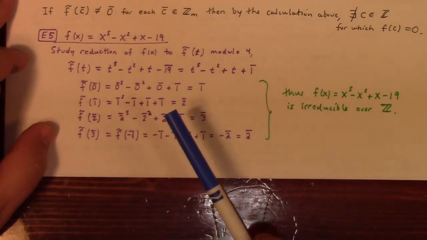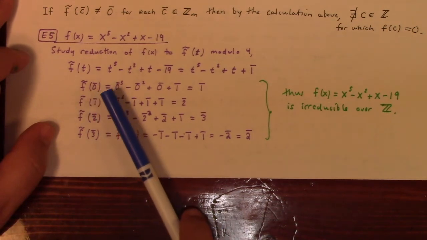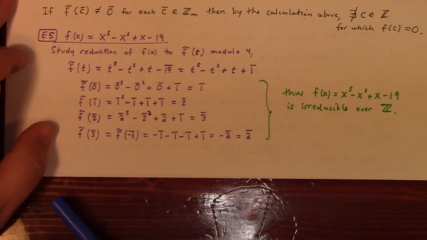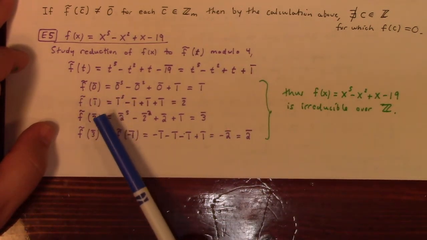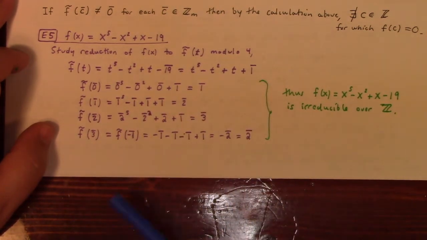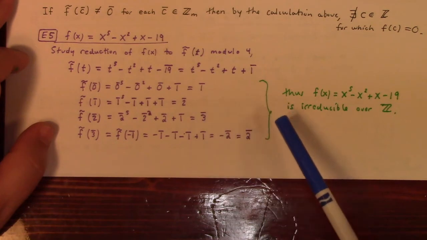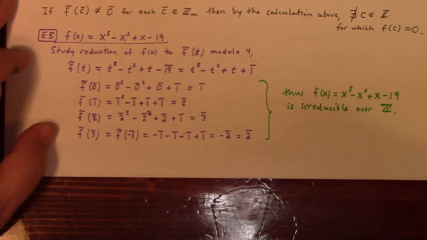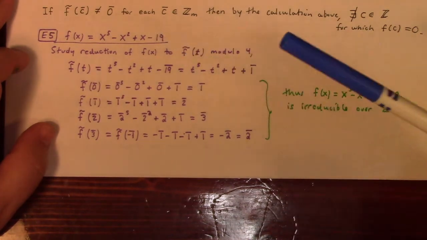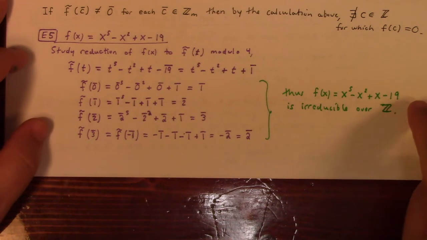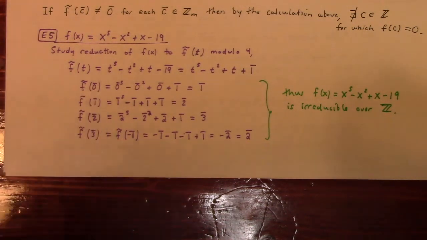And then if I look at f tilde of 0 bar, f tilde of 1 bar, f tilde of 2 bar, f tilde of 3 bar, all that means is that I plug the numbers 0 bar, 1 bar, 2 bar, 3 bar in Z4 into the formula here. I get 1 bar, 2 bar, 3 bar, and 2 bar. None of those are 0. Therefore, this guy does not have an integer 0. So this is irreducible over Z.